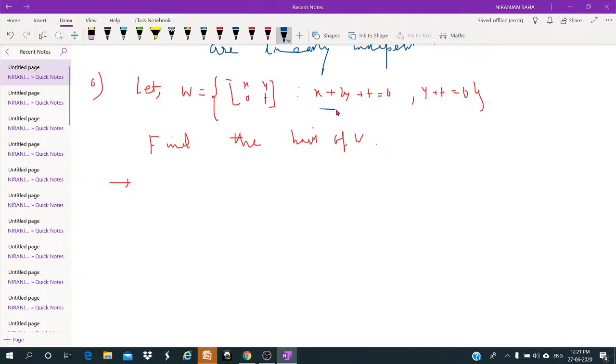Here we are given two conditions. If we solve, we have x plus 2y plus t is equal to 0 and y plus t is equal to 0.